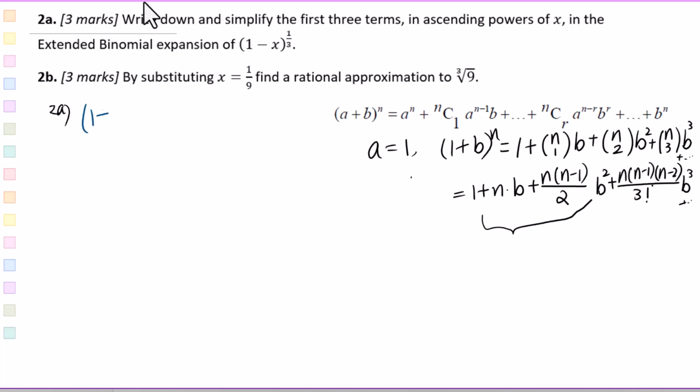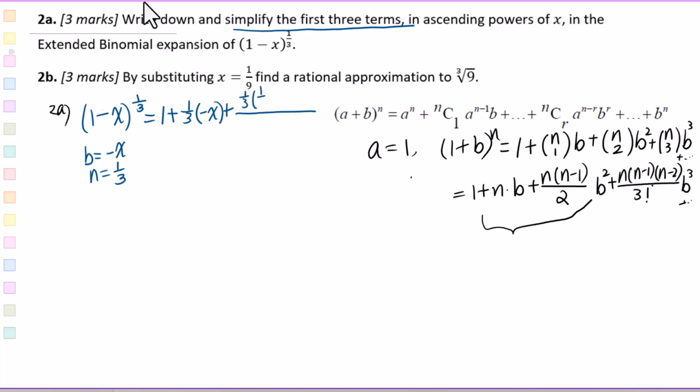So for this (1 minus x) to the 1 over third power, b equals negative x, n equals 1 over 3. We need the first three terms. So we get 1 plus n, which is 1 over 3, times negative x, plus 1 over 3 times (1 over 3 minus 1) over 2 times (negative x) squared.